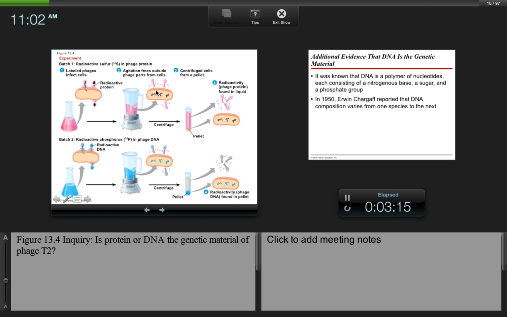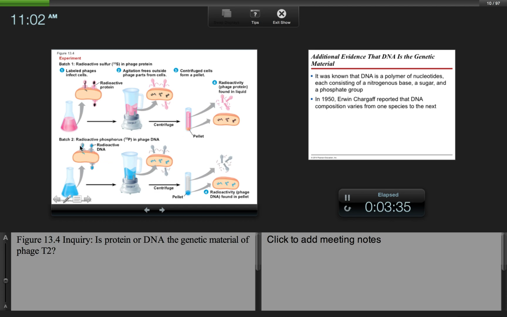The pellet represented the cellular material, and the liquid on top of the pellet was the stuff that remained outside of the cell. What you can see here is the pink: the sulfur remained outside of the cell. So phage protein did not enter the bacterial cell.